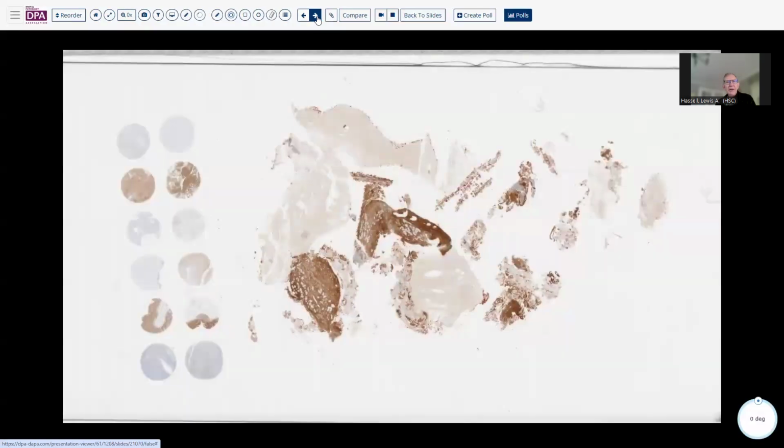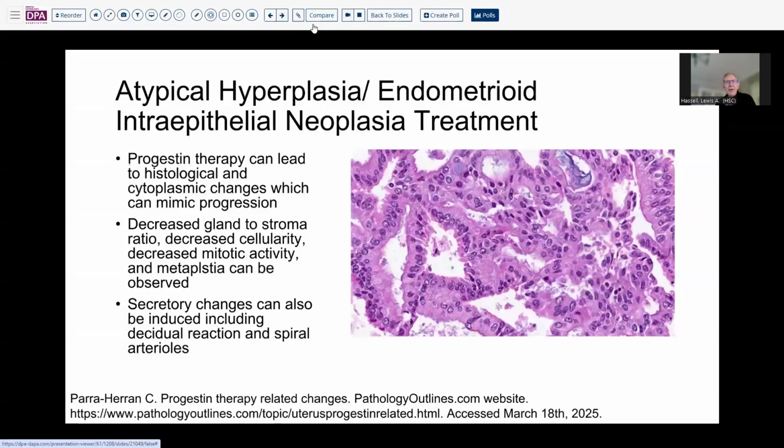So let's go on and talk about endometrial hyperplasia. Management in these cases usually is going to involve surgical management.